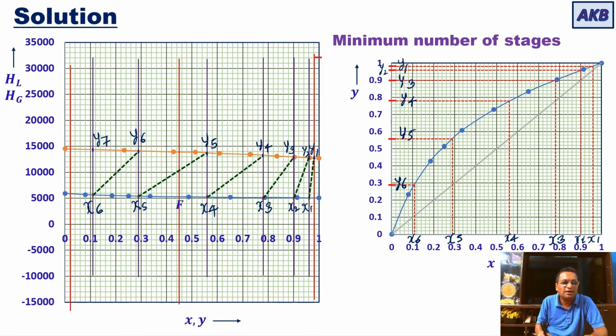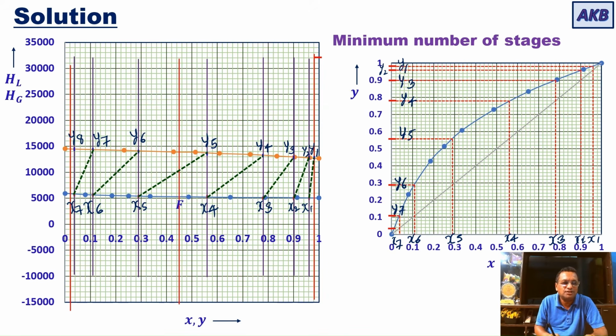Then come back to the distribution diagram, locate y7 and get the corresponding x7, which is 0.04. So come back to the enthalpy concentration diagram, locate x7, draw a vertical line through x7, connect x7, y7, and then read y8, which is equal to x7 because you have drawn a vertical line.